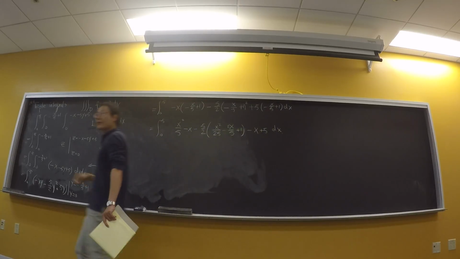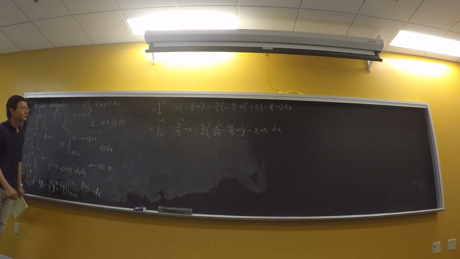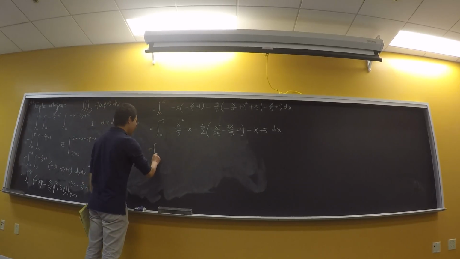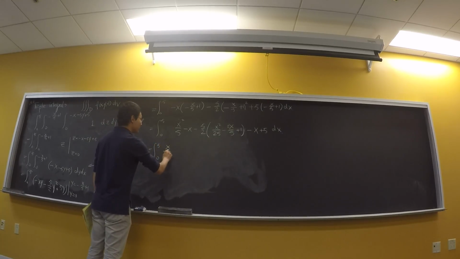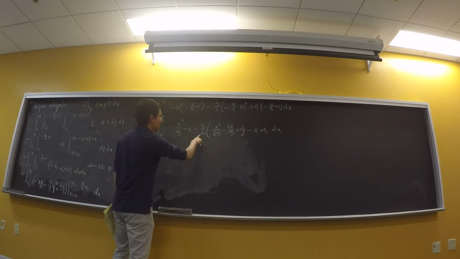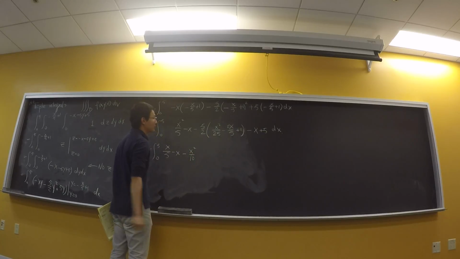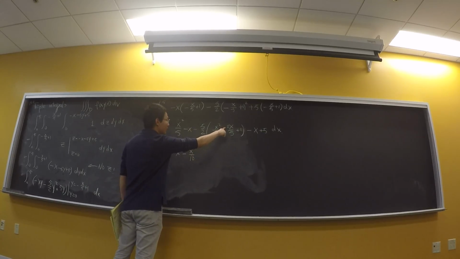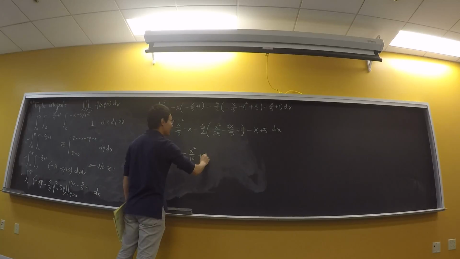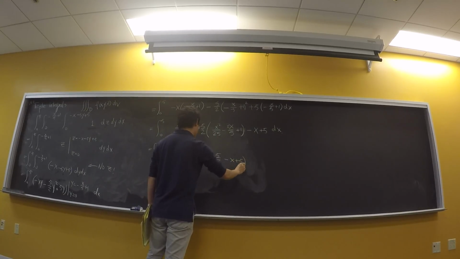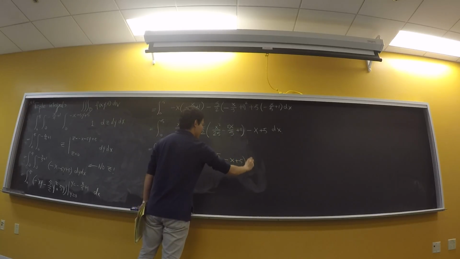Are we making any mistakes? I don't think so. So we can eliminate the middle big parentheses. We're getting x squared over 10, and I have a 5 over 2 and 2 over 5, so a plus x, and then minus 5 over 2, minus x plus 5, this whole thing dx.